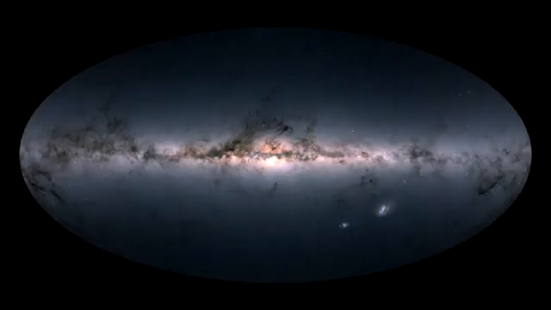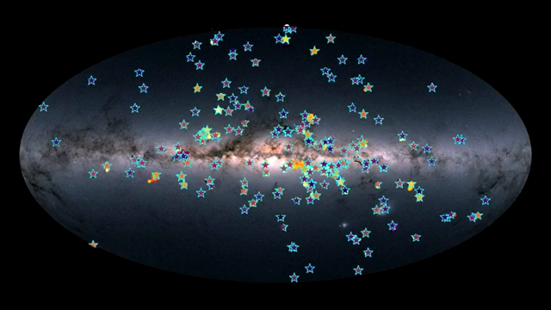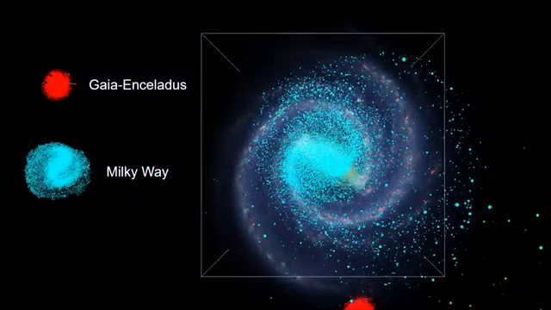Then, in 2018, a team of astronomers analyzed 7 million stars from the Gaia mission and found that 30,000 of them were moving counter to the normal Milky Way flow. Star motions and composition profiles indicated that they came from a different galaxy. They call this new galaxy Gaia Enceladus.